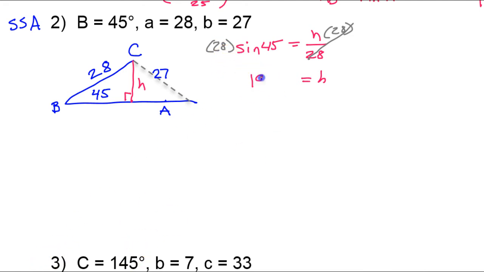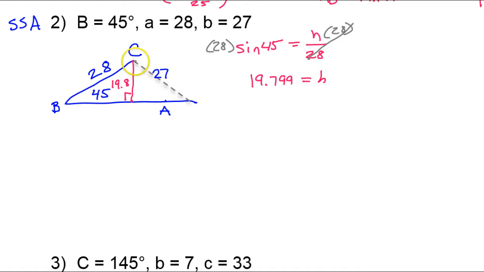So I'm just going to put this in my calculator. I'm getting 19.799. Okay, so the height is approximately 19.8. Let's say that for now, 19.8.